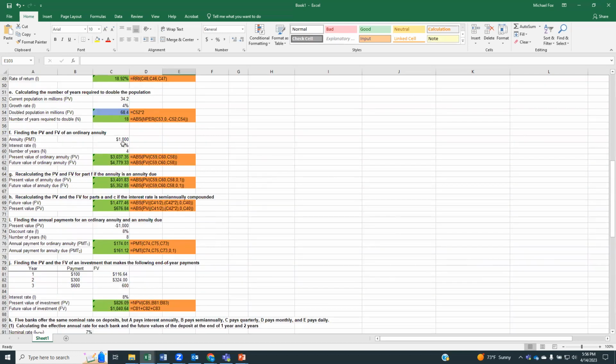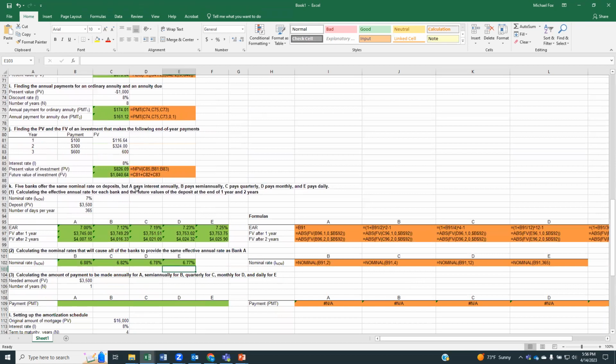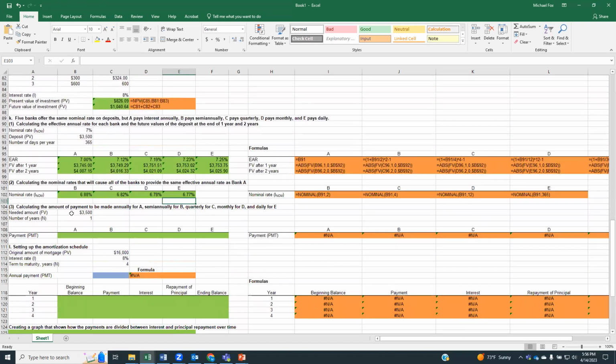Oh, just E. I'm sorry, I'm just confused. So what we're talking about is 3,500 and the number of years. I guess we're still using the same interest rate up here, 7%.